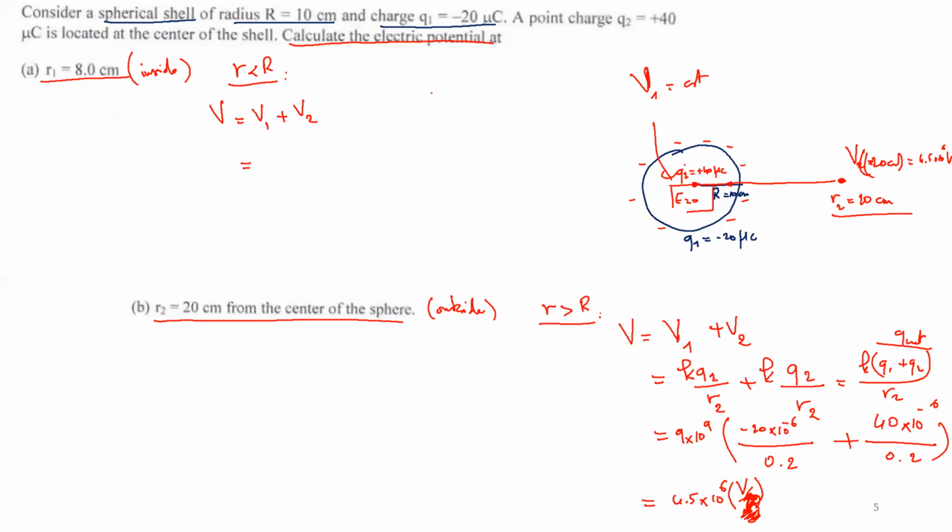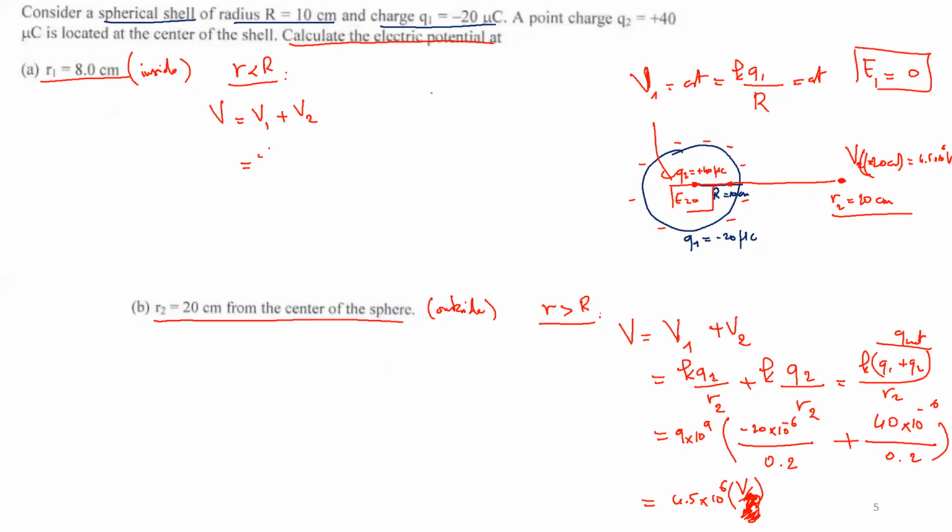So what is the V created by the shell alone? V created by the shell alone will be just K Q1 divided by the radius of the shell. And we already demonstrated this in class, and it's a constant. That's why the electric field created by the shell inside the shell is 0. Gauss law, only by the shell.